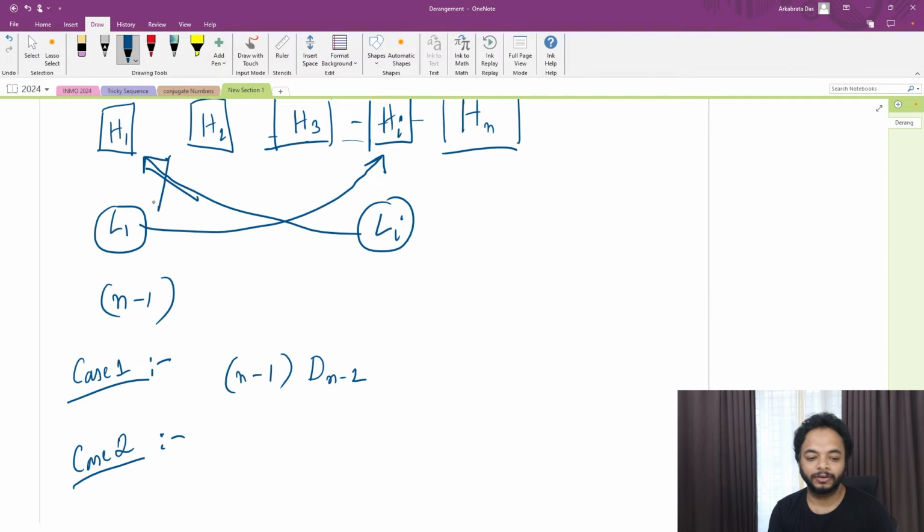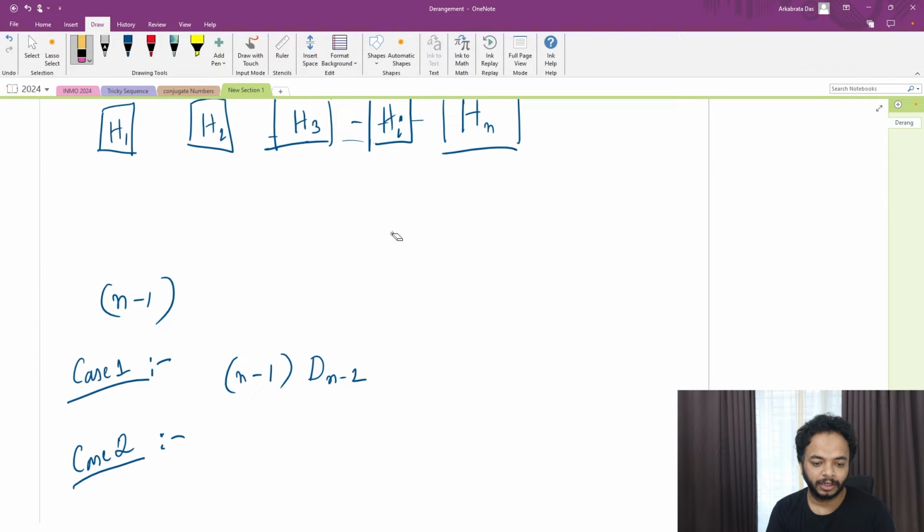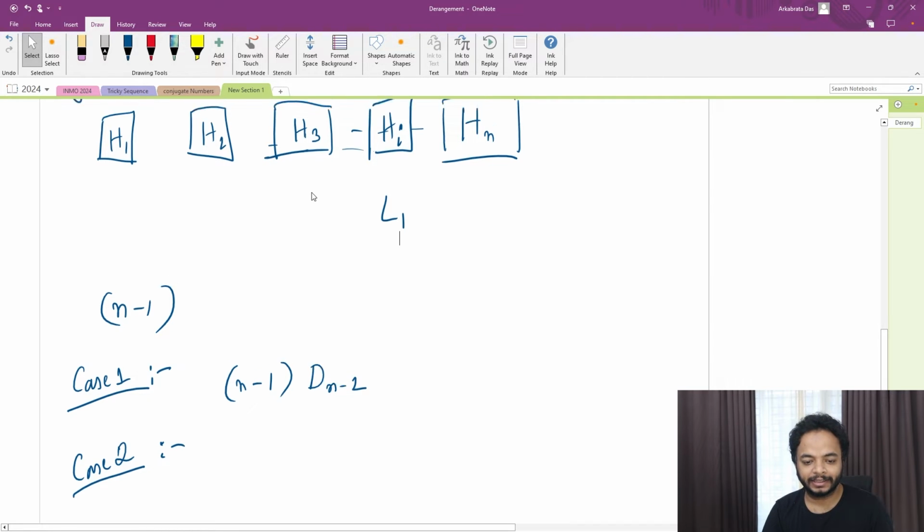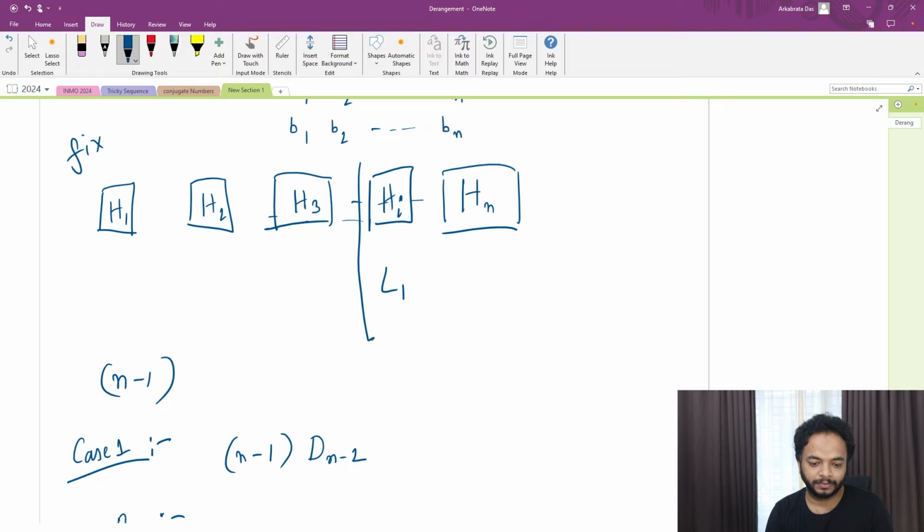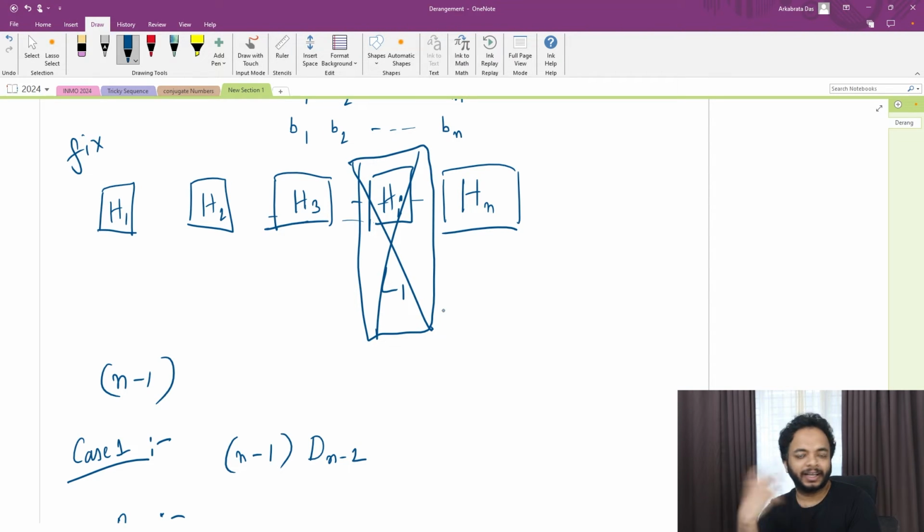If it doesn't go to house 1, the ith house has got its letter, so letter L1 has been posted to the ith house. So now I am deleting that ith house from the picture, because the letter L1 has been posted to the ith house.